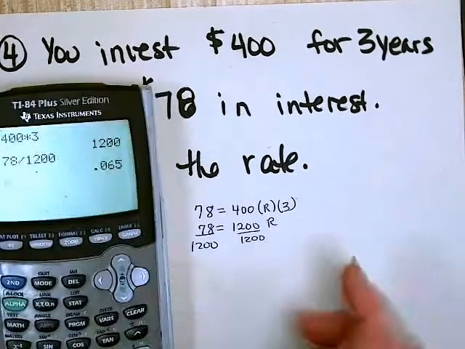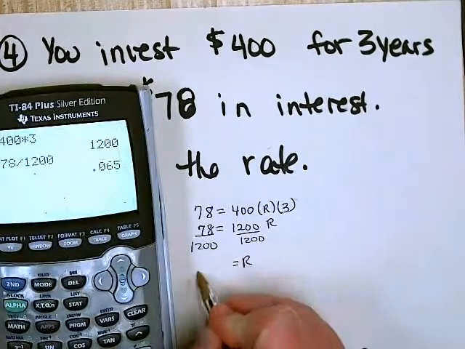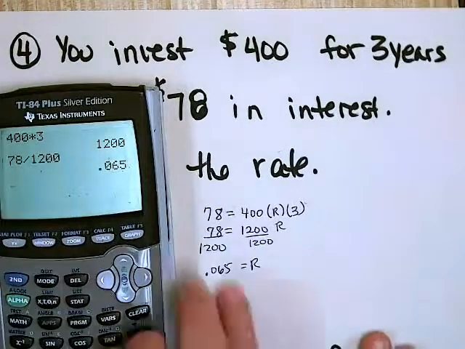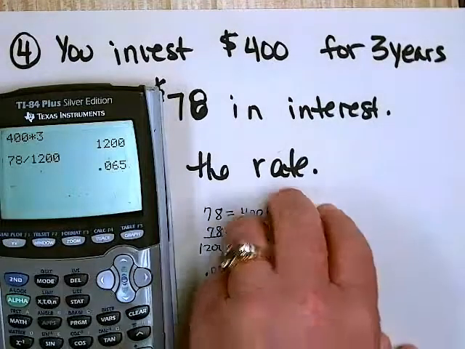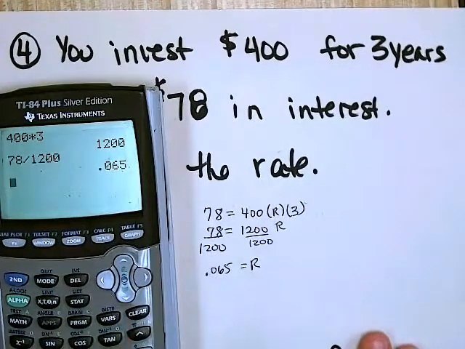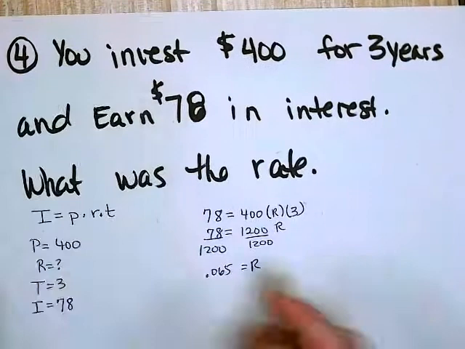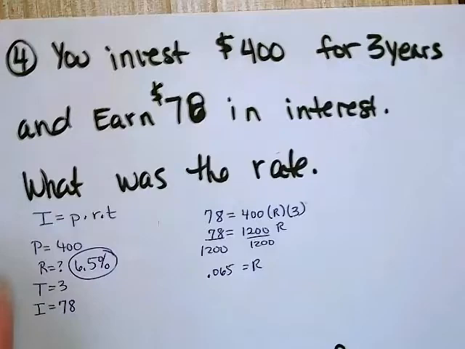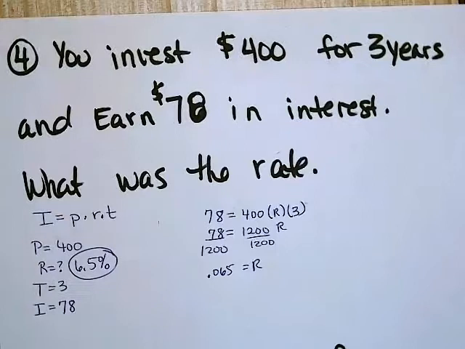And I get 0.065. The rate is 0.065. But remember, when I'm putting it in the formula and taking it out of the formula, it's the decimal version. I need to change this back to a percentage. So I'm going to multiply by 100, and we're going to get 6.5% for our rate.